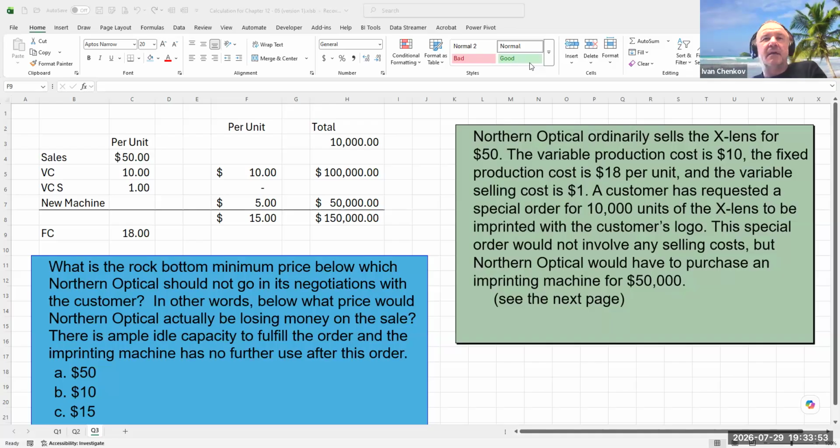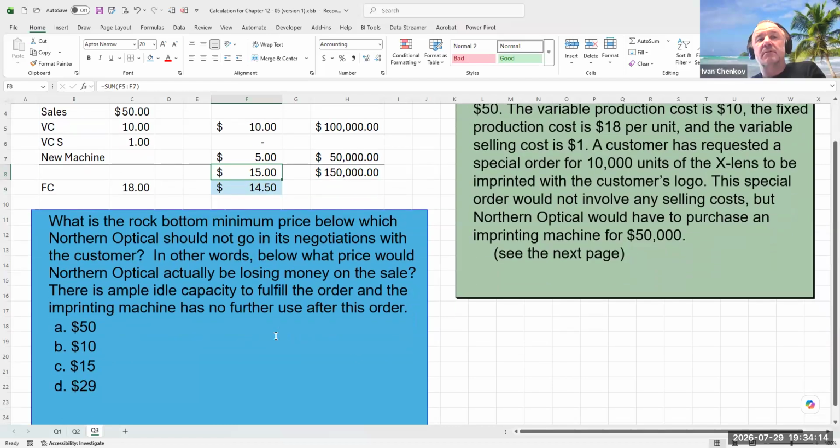Again, the client comes and says, I offer you $14.50. Are we going to accept the offer? No. Why? Our cost is $15. I can make it at 15, but that will be the rock bottom. Below that, I cannot go. Make sense? Okay, that's the special order.